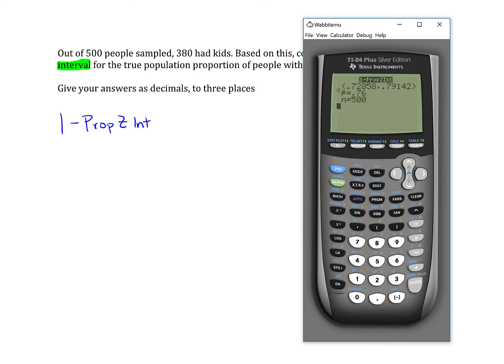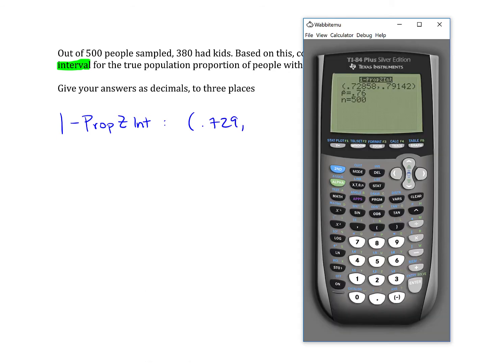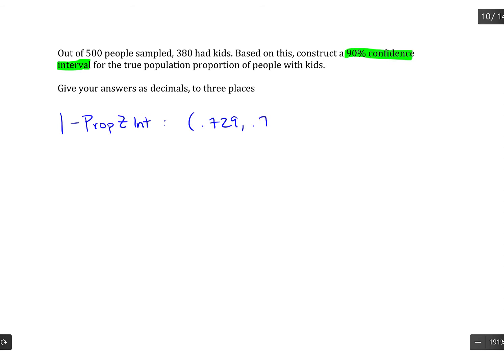Then we hit calculate, and it comes right up with the confidence interval, so 0.729 and 0.791. All right, so that's that.